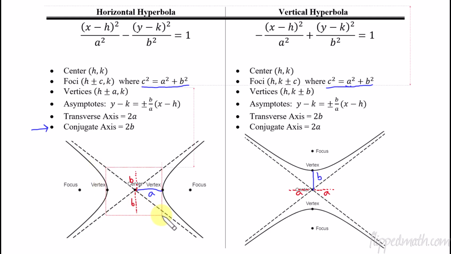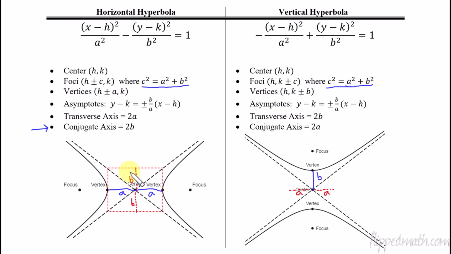If I create a box, I said box, I should have said rectangle. This rectangle from vertex to vertex is going to be double whatever's underneath that, in this case an a. The up and down portion of this rectangle is the conjugate axis, and that determines how high up and down the box is.